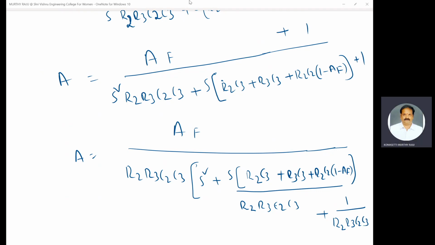This is the second order Butterworth filter.